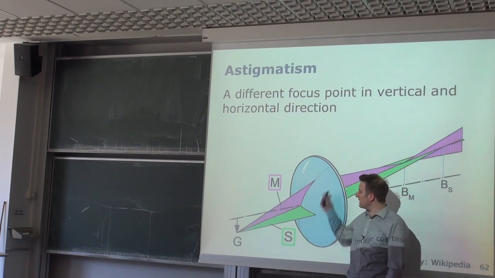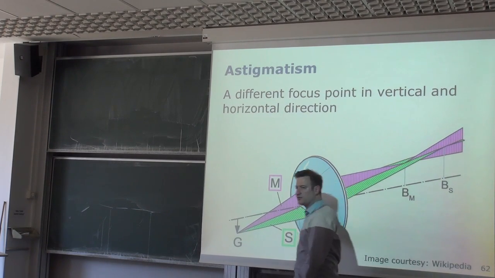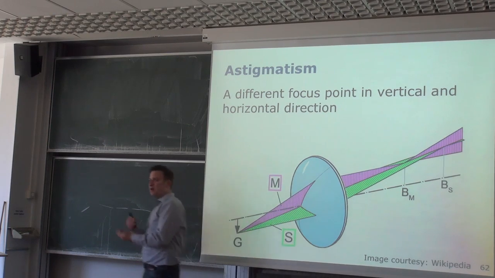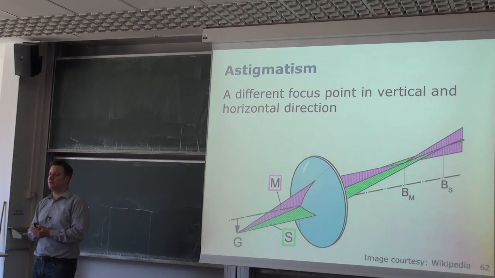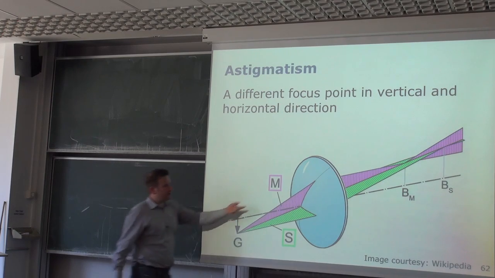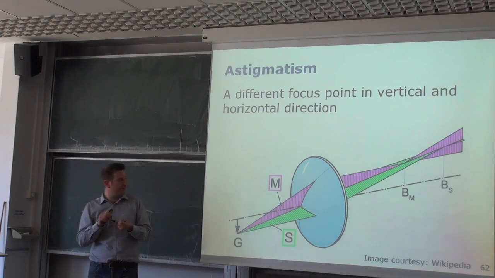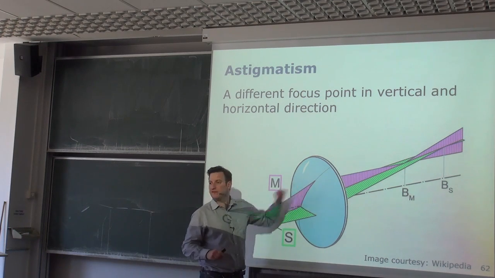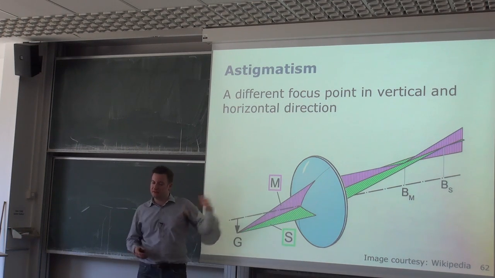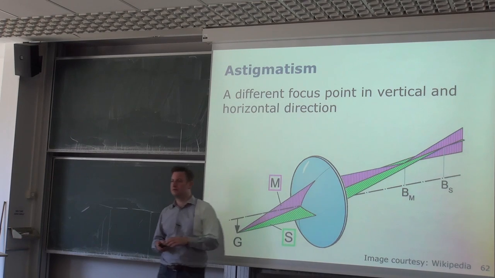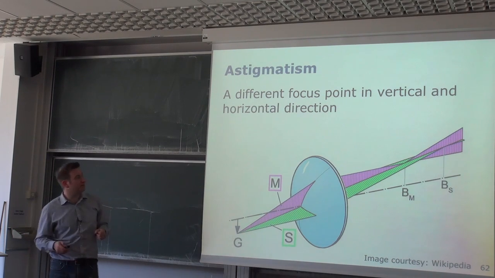Depending on which correction you do in terms of changing the global focal length, you won't see a sharp image, unless you explicitly compensate by generating a lens with a different focal length to compensate for the error of the eye. But even lenses can have that effect. This is called astigmatism.